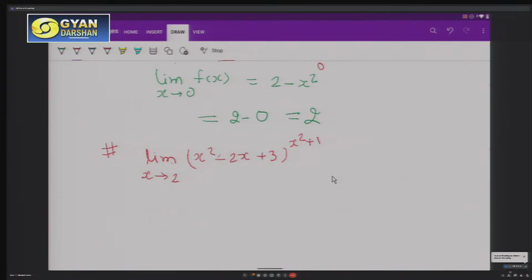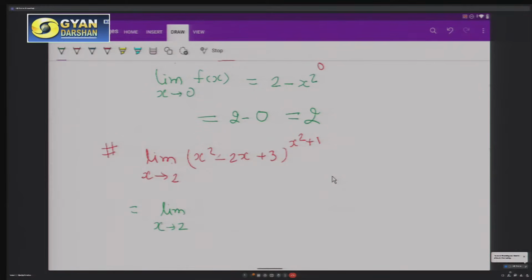So this will be equal to, because as we have stated the rule earlier, the limit of f(x) to the power g(x).